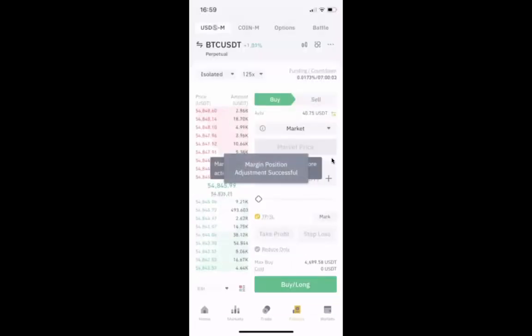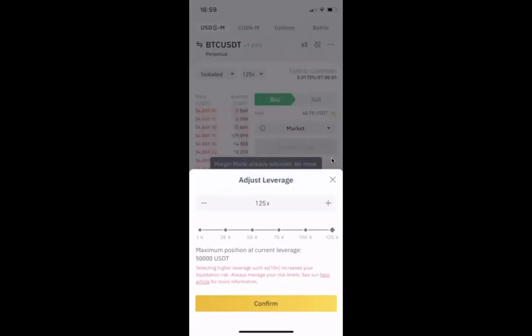And with the leverage, you can choose the leverage that you like. We have 10x and so on. The position that I just entered was at 125x.